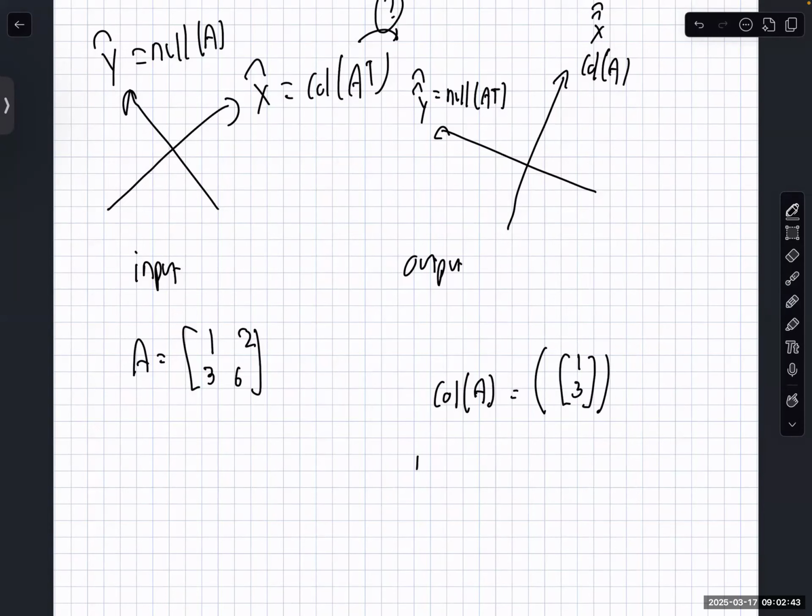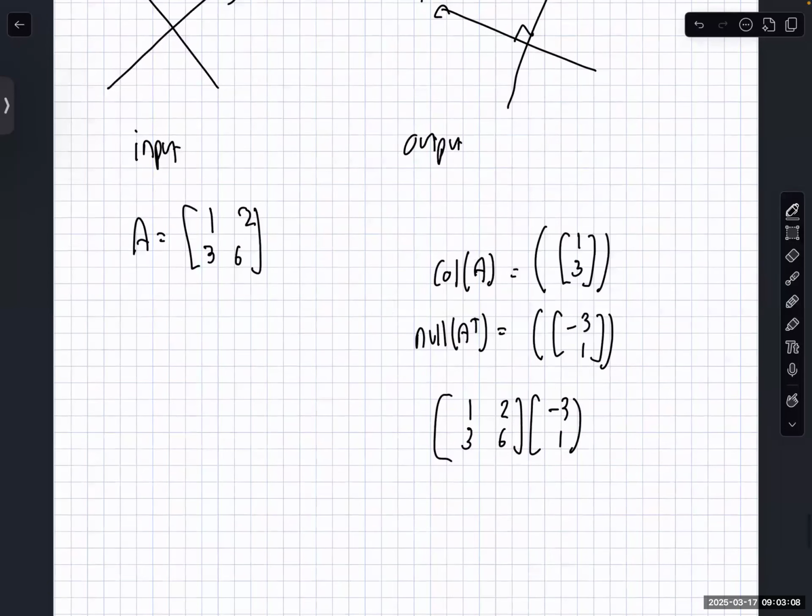Okay. And this is interesting. We know that these two are going to be perpendicular. And in R2, that's easy to work out. Or I think you can see it. So if I have 1, 3, 2, 6, and multiply by -3, 1.